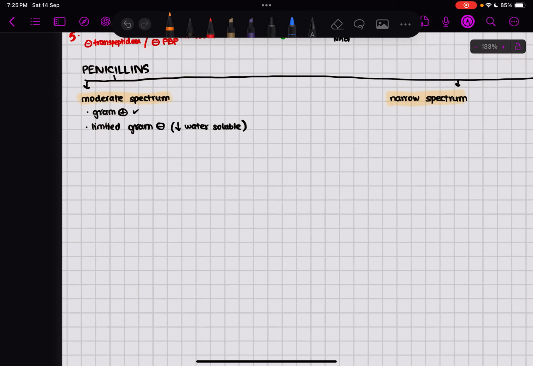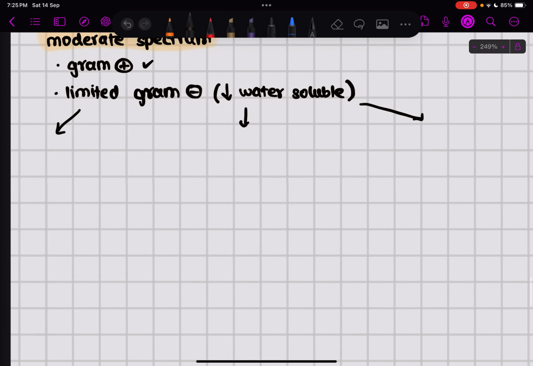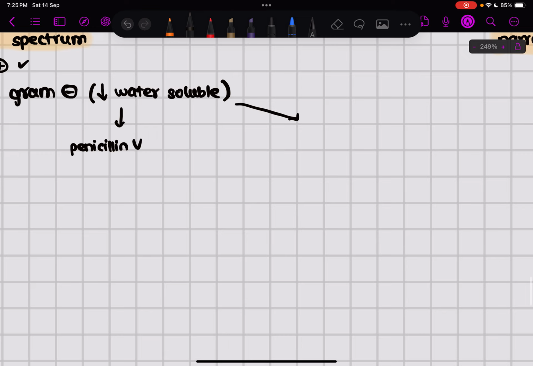This moderate spectrum has got 3: 1, 2, and 3. Penicillin G. First is penicillin G, then is penicillin V, and then long acting penicillin.